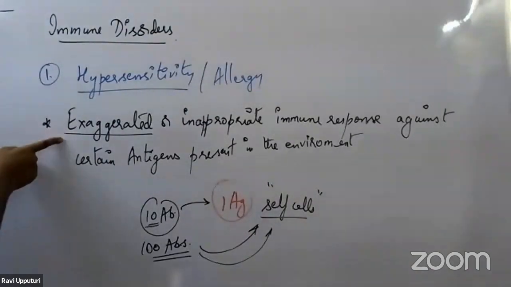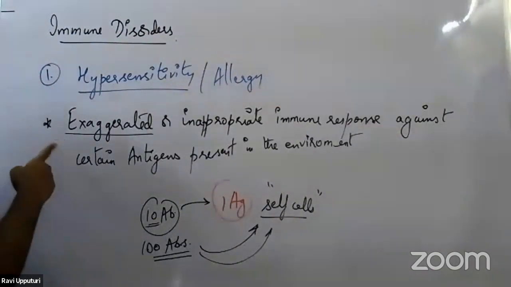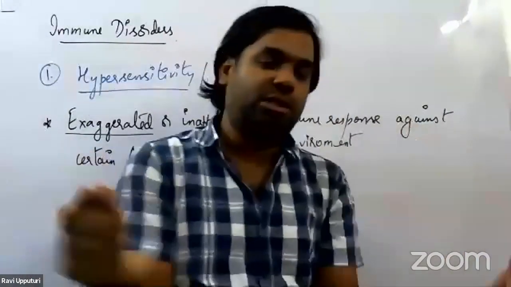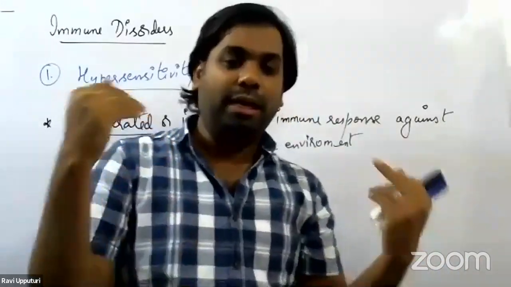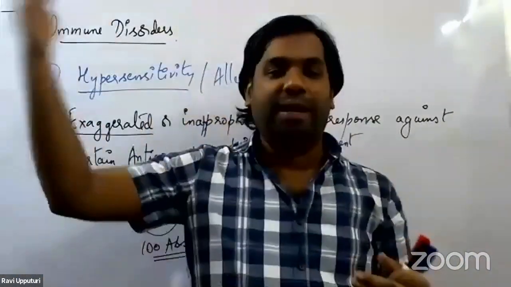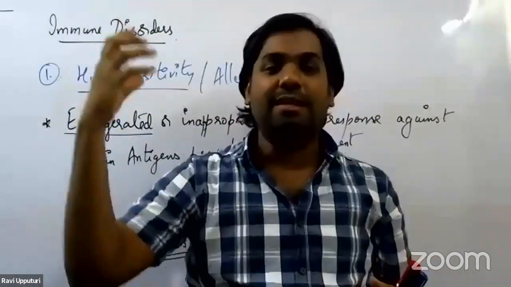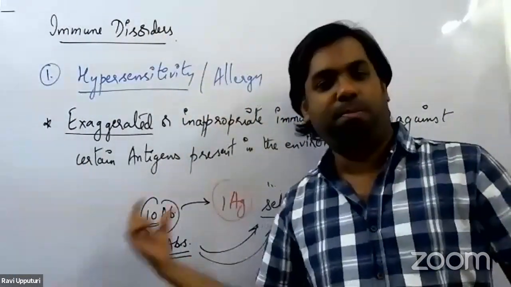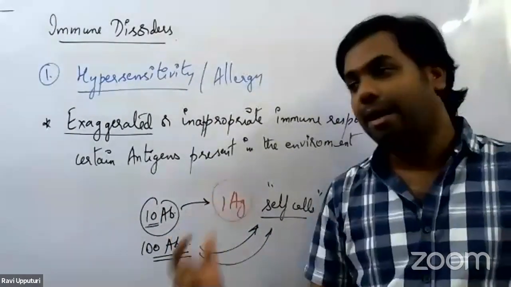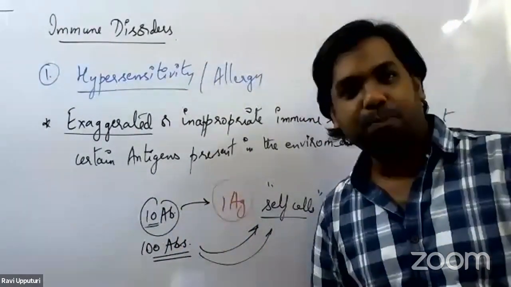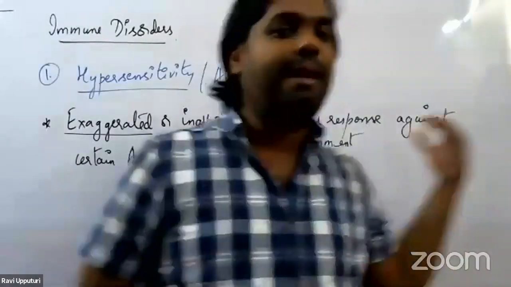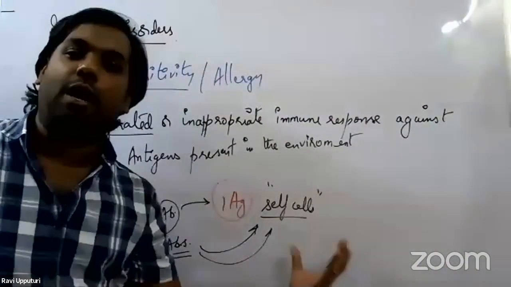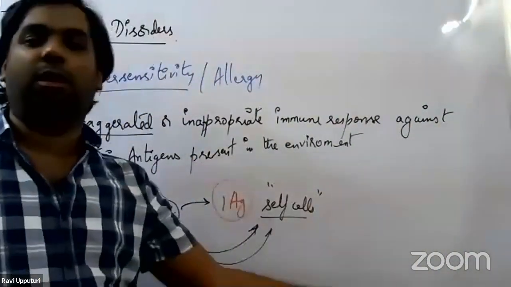This is what we mean by exaggerated immune response. High intensity immune response, we can actually call it, right? So the intensity of the immune response is very high. Actually speaking, such high intensity is not required. 10 antibodies would be sufficient to destroy this one antigen, but 100 antibodies are being released, such that along with the antigen, some of the self cells are also being destroyed in this particular process.